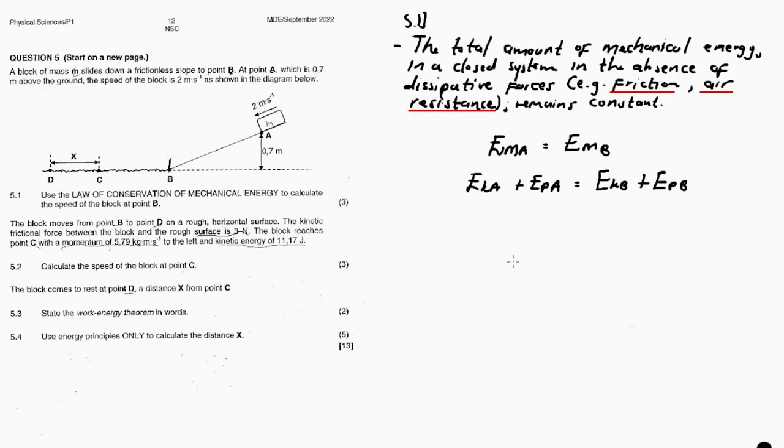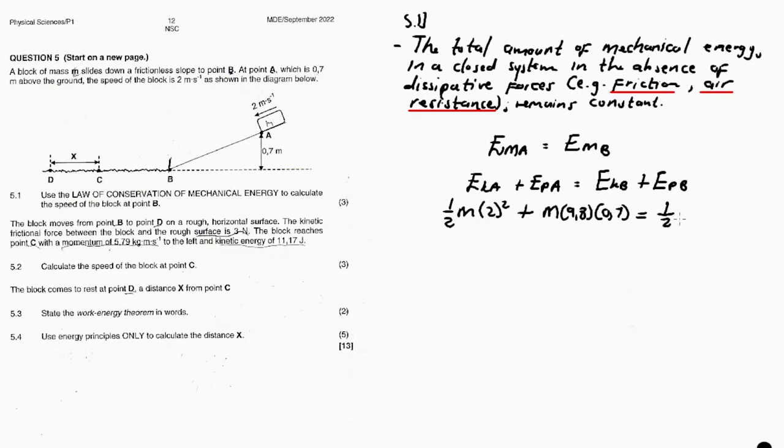The kinetic energy at A is half m, remember we are not given the mass, times the velocity at A, 2, squared. Potential energy is mass times gravitational acceleration times the height, which is 0.7, equal to the kinetic energy at B.